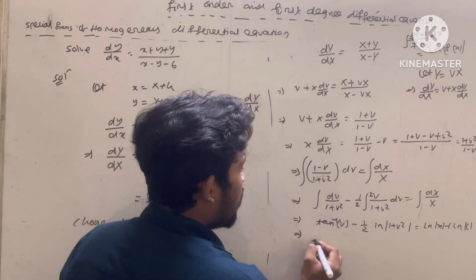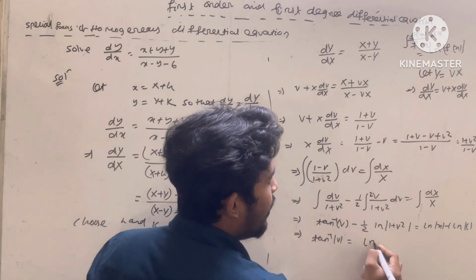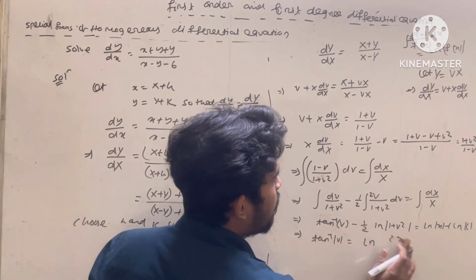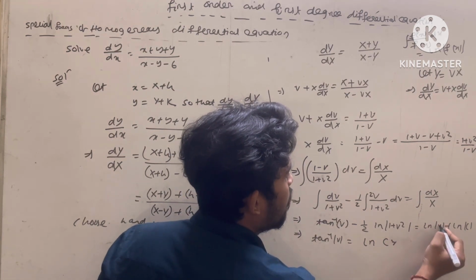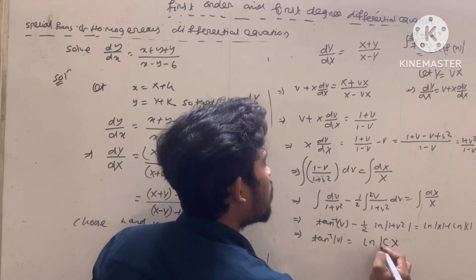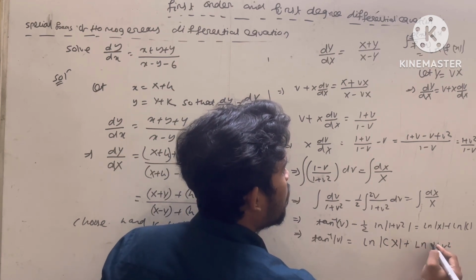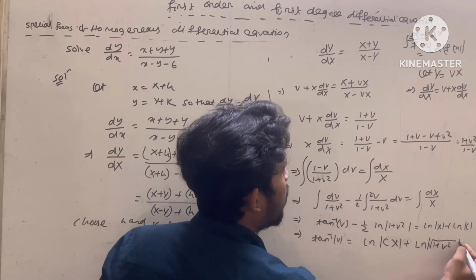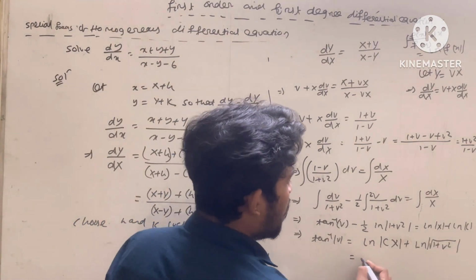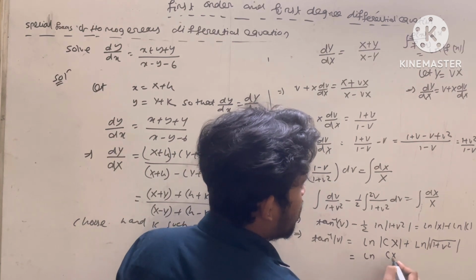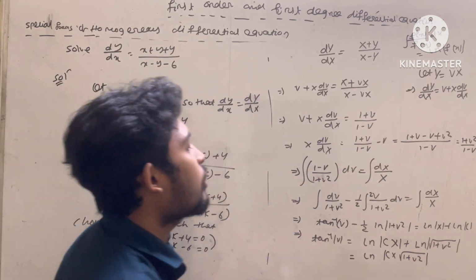So this one is tan inverse V, and it becomes ln CX. Okay, this is C capital X, right? CX plus ln square root of (1 plus V square). Okay, so this one is ln of CX into square root of (1 plus V square), right?